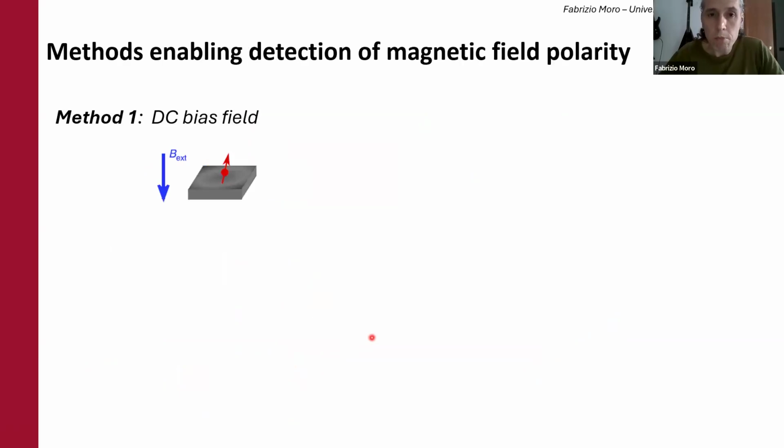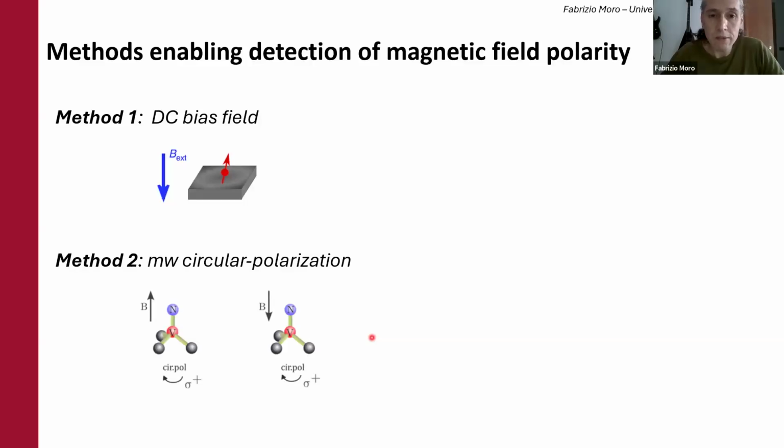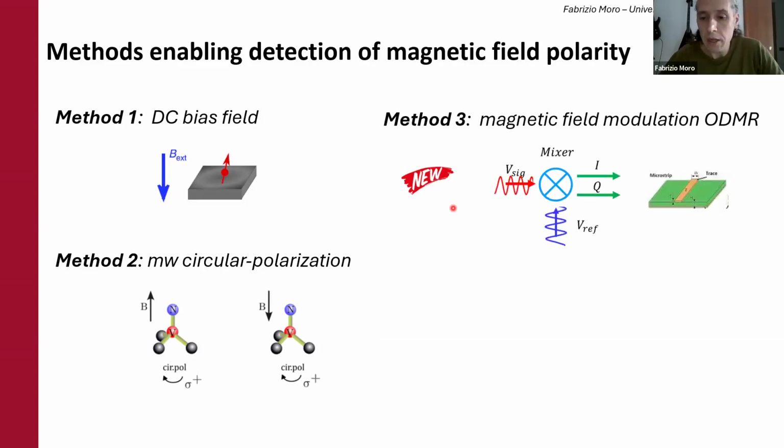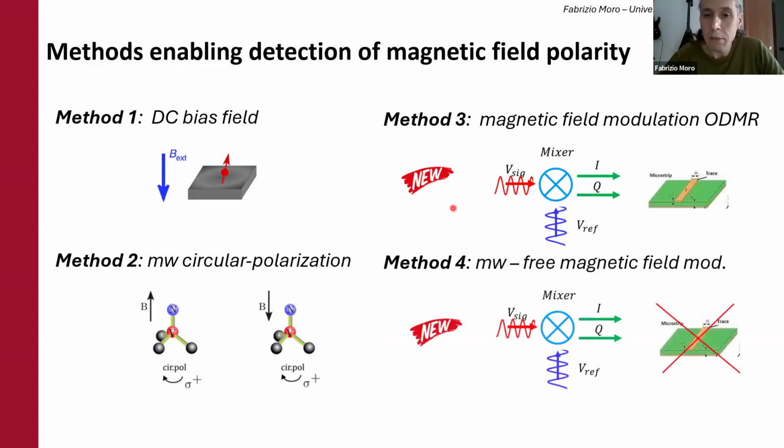So we have to combine ODMR with some other methods in order to extract the magnetic field polarity. The most used method is the DC bias field, and I will also show some other methods. Method 2 is based on microwave circular polarization. And then I will also present in the following slides 2 new methods that I've implemented in my laboratory. Method 3 and method 4 are both based on lock-in detection, where essentially we use a lock-in amplifier to demodulate the PL signal by modulating the magnetic field amplitude.